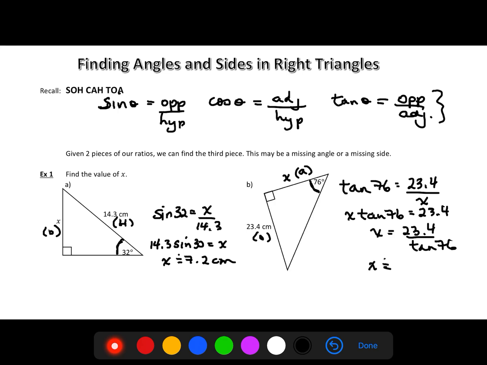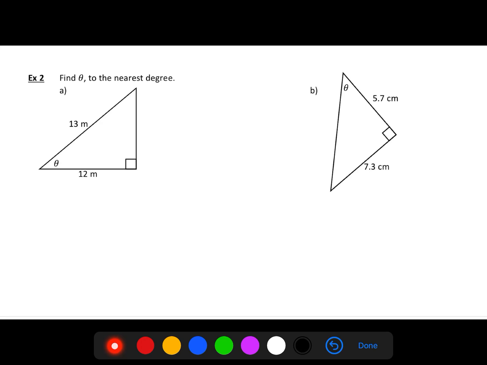When we do this, we round to one decimal place again, and we get 5.8. We make sure our units are on there. So x is equal to approximately 5.8 centimeters.